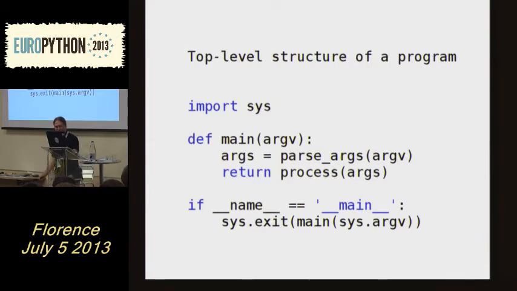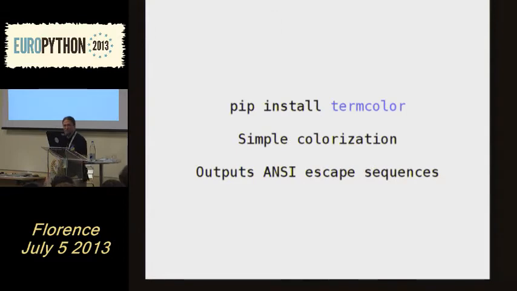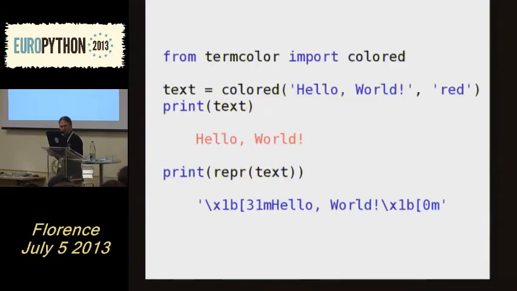Now if you want to do some fancy output, you can install a package called termcolor, which does colorization. So you import the colored function, you call it on some text and say, I want this text to be red. And voila, you print it out and the text is red.